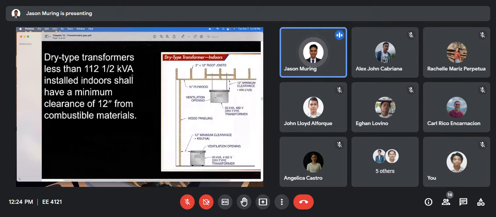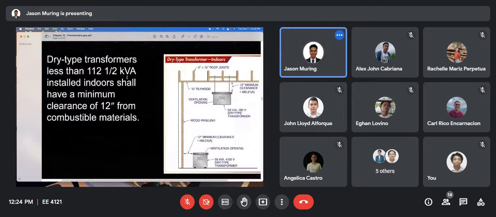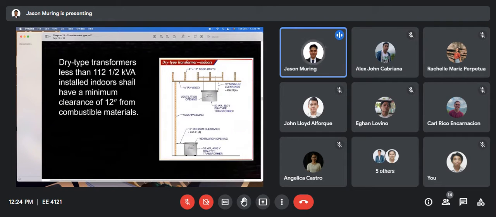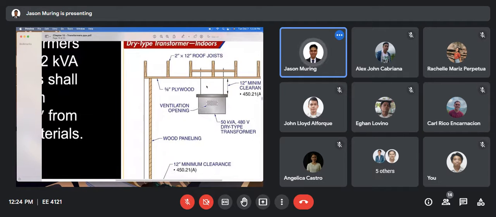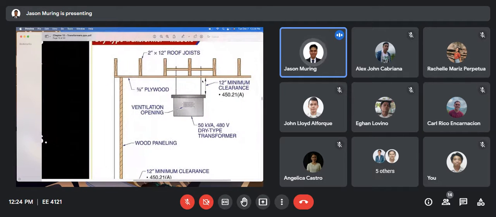Okay, then for less than 112.5 kVA, there is a minimum clearance between the combustible material and the transformer, such as this one, 12 inches or 1 foot.